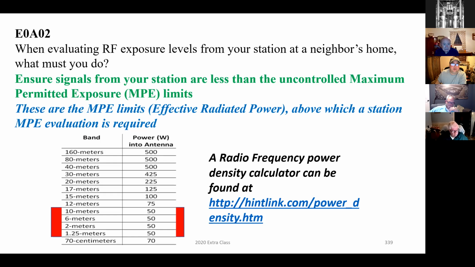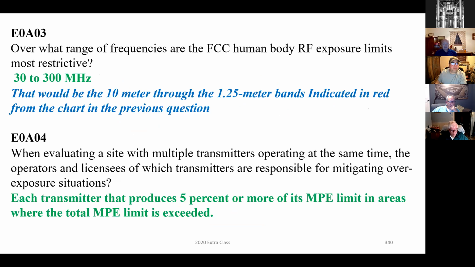Ensure signals from your station are less than the uncontrolled maximum permitted exposure, MPE, limits. Over what range of frequencies are the FCC human body RF exposure limits most restrictive? 30 to 300 megahertz.